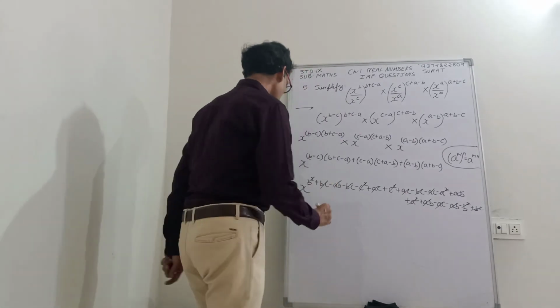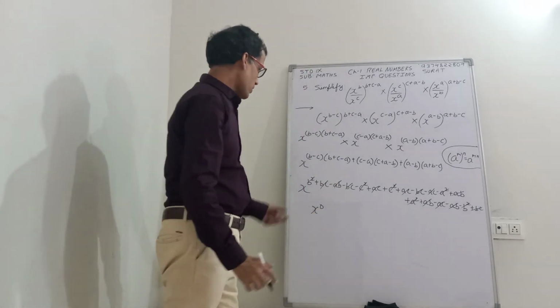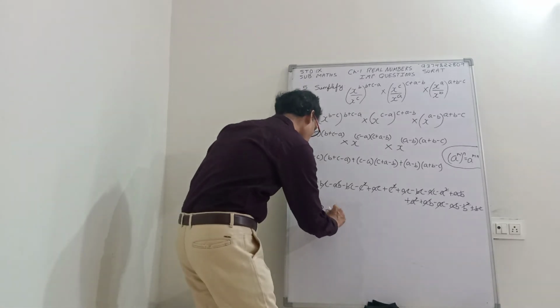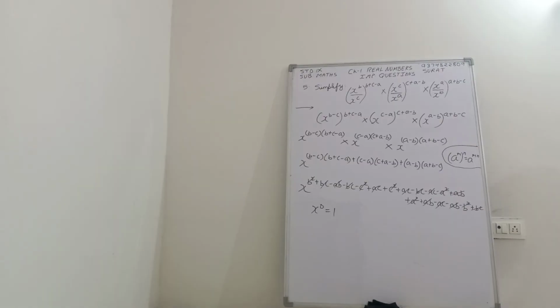So what we get? x power 0. And as you know, whenever the power is 0, the answer is 1. So this completes our fifth question.